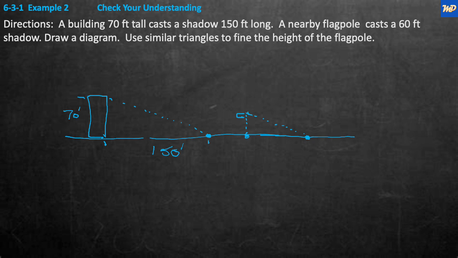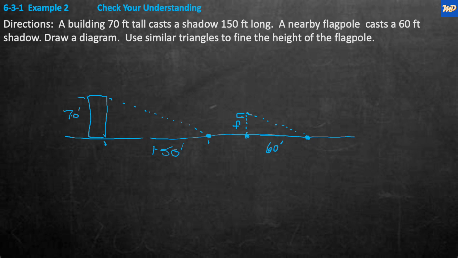So what do they want to know? They say draw a diagram. We just did that. And use similar triangles to find the height of the flagpole. So what we're looking for is, let's say F, the height of the flagpole. So we know this distance here is 60 feet. All right? So what are our relationships? We know that we have a relationship of 70 feet to 150 feet on this triangle.